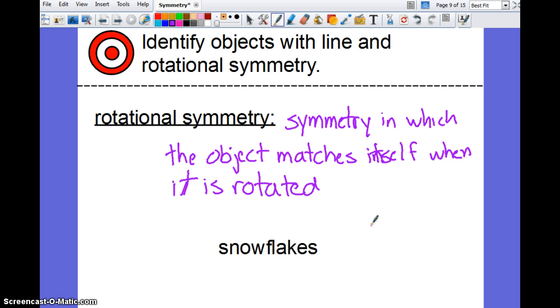I like to think a lot of snowflakes. If you take a snowflake, I'm going to try and give my best artistic impression here. One example, let's say we have a snowflake that looks like this.